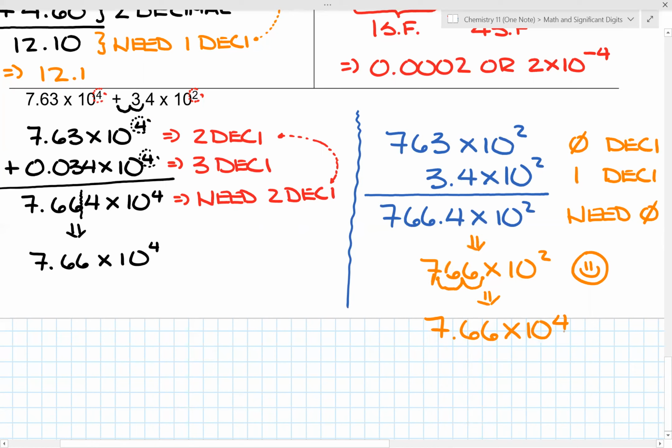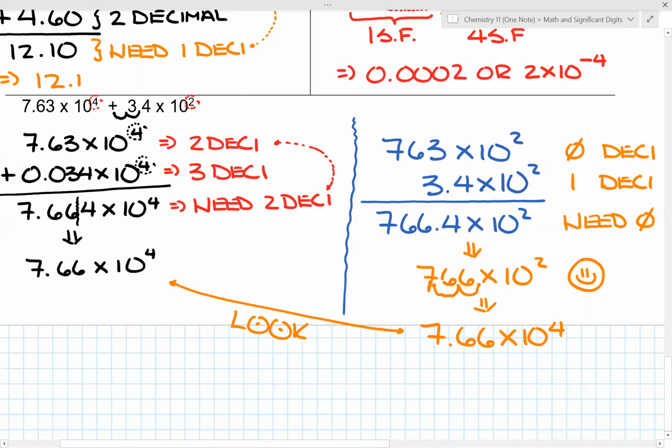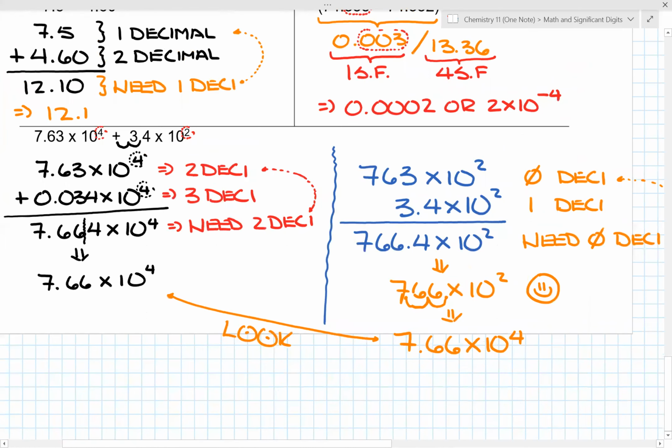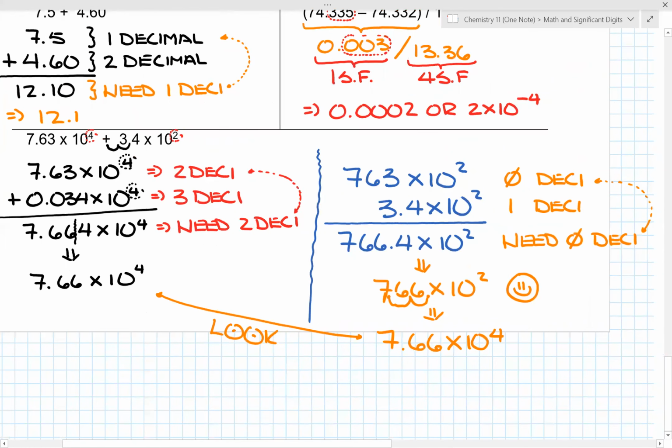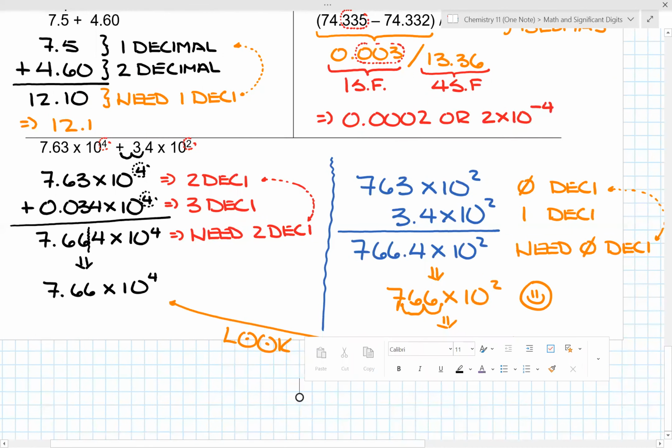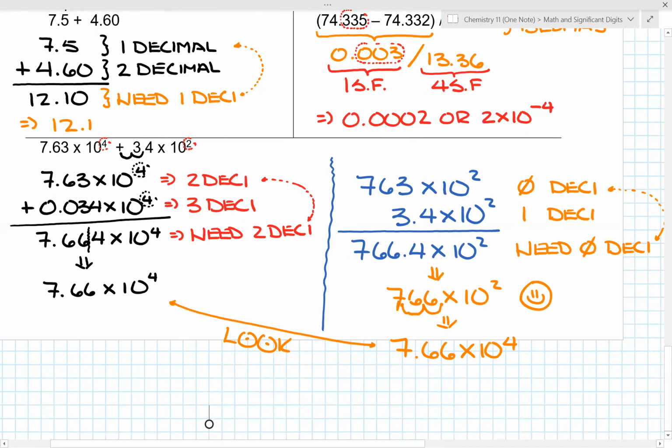Okay? And so this is how we get it the same. So it doesn't matter which exponential number you choose. You can choose to change it to times 10 to the 4 or times 10 to the 2. You'll get the exact same answer.